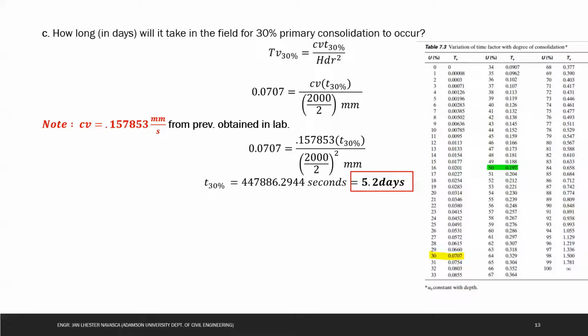However, for 30% primary consolidation, it only took 5.2 days. Therefore, we can conclude that the lesser the degree of consolidation, the lesser the time it took for that degree of consolidation settlement. So it is directly proportional.